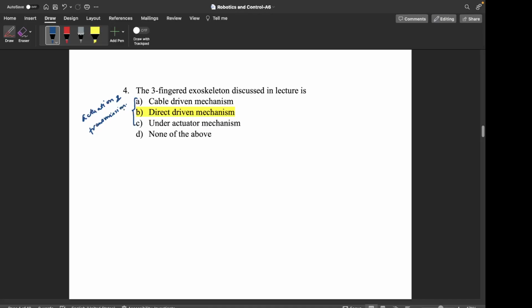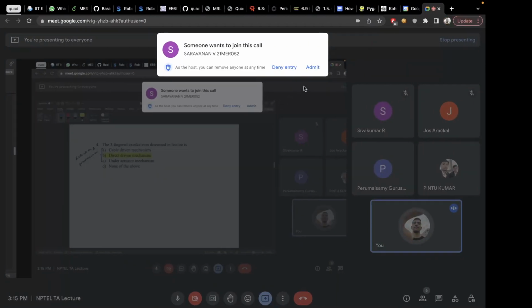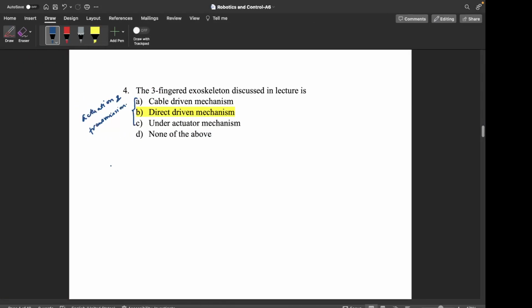right? So actuation, what does it mean? Actuation means powering up something, moving something. The exoskeleton is not a static thing, right? It has to move. So there must be some actuation. Actuation means, in very basic terms, make something move, right?